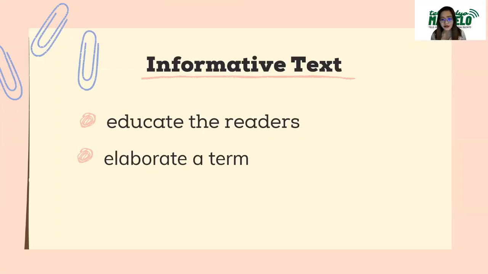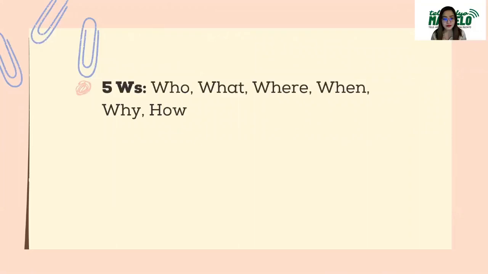Aside from that, it also analyzes data for the readers to easily understand it. So in doing this, we can use the 5 W's as our guide questions. So we have who, what, where, when, and why. And we can also use the question how.